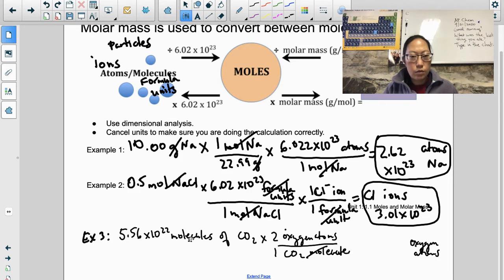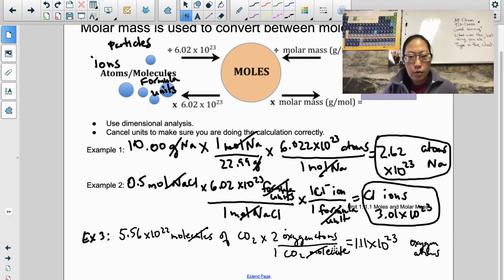And that cancels out, and we get our oxygen atoms. So it's just 2 times 5.56. If I take 2 times 5.56, I get 1.11 times 10 to the 23 oxygen atoms.